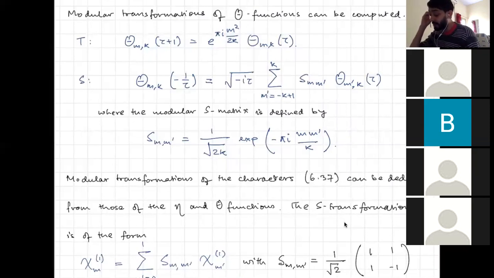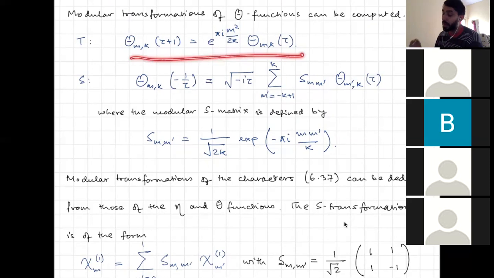But let me just say that when you are looking at these theta functions, mathematicians have actually found what the modular properties of these particular functions are. So what you get is that under T transformations, they can pick up some phase.